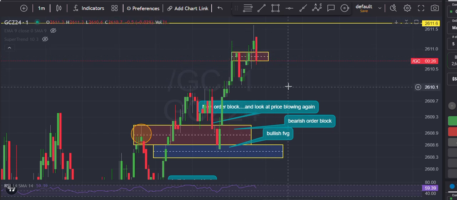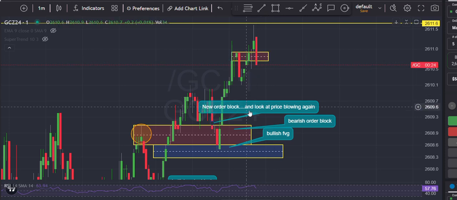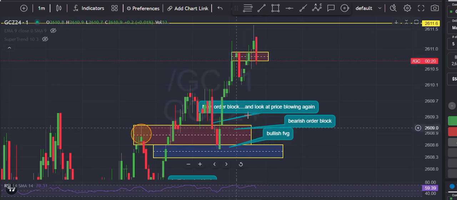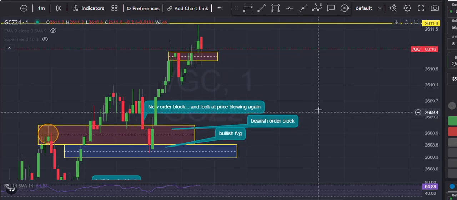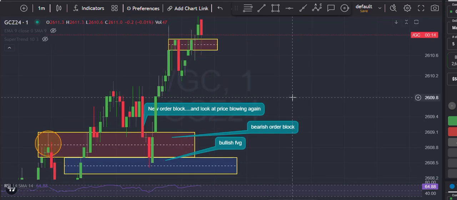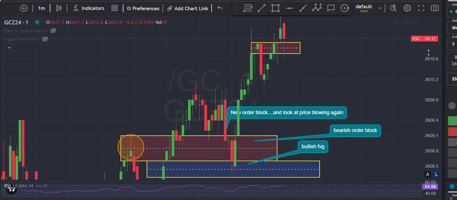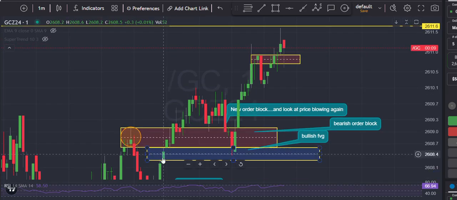I'm literally just sitting on a 1 minute chart, no indicators on, just reading this map. I'm a pattern reader. That's how I understand the markets. That's how my brain interprets the charts, and so all of this makes sense to me.